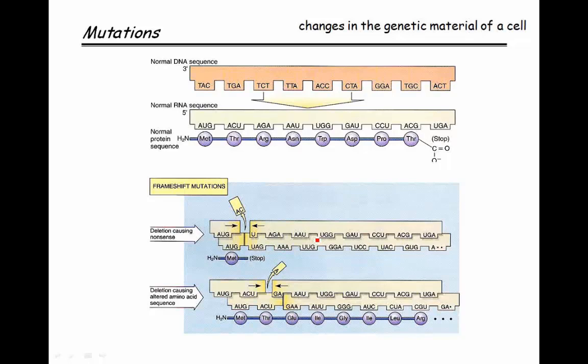Understand that the mutation is happening to the DNA, but the problem of the mutation comes in the molecules that are made from the DNA. So getting non-functioning molecules made from the template because the template has been altered. We also want to know the difference between nonsense, missense, and silent mutations, and also the frameshift mutations.